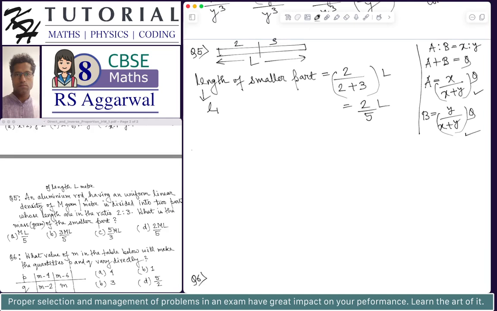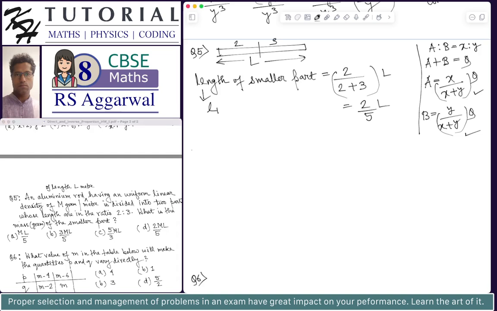Now, what are the two quantities which are in direct variation? So, the two quantities are the length of the rod and the mass of the rod.